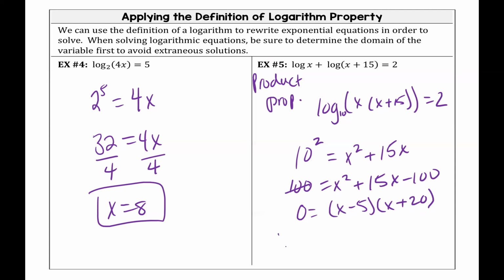Negative 5 and a positive 20. So that means we get x equals positive 5 and x equals negative 20. Positive 5 is my real solution, and negative 20 is my extraneous. That's because I would have a negative 20 alone in a log. And is that allowed? No, your argument can't be negative.